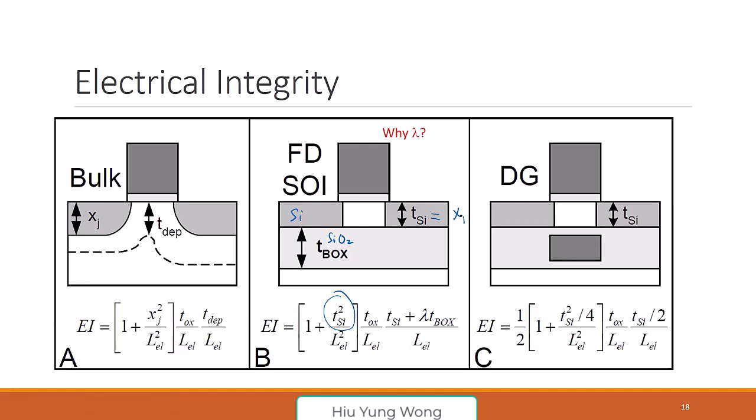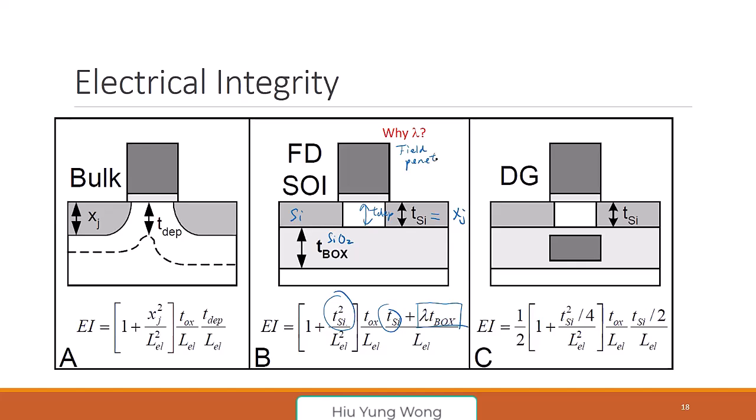Now the Xj becomes T_Si, which is smaller. The depletion width now becomes T_Si. However, not exactly T_Si. It also depends on the thickness of the box, just because of the field penetration into the box.